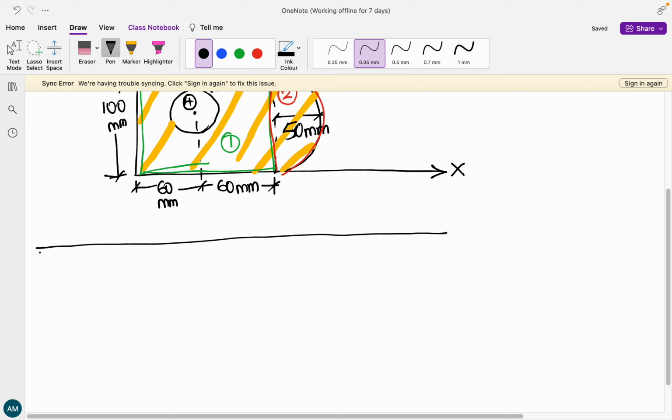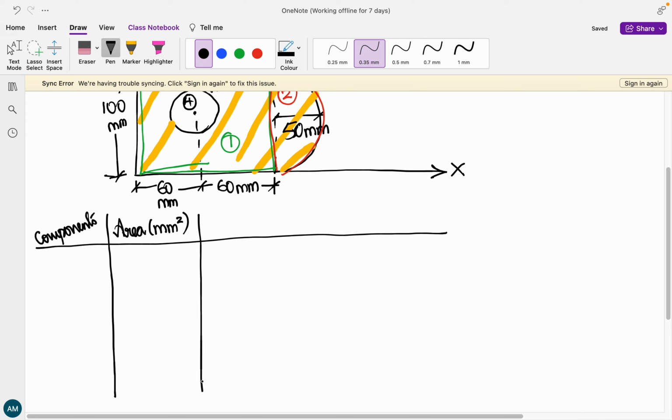To make the tabular column, just consider the first column to be component, the second one area. The units are in mm, so area is going to be in mm square. The next column is xi in mm.